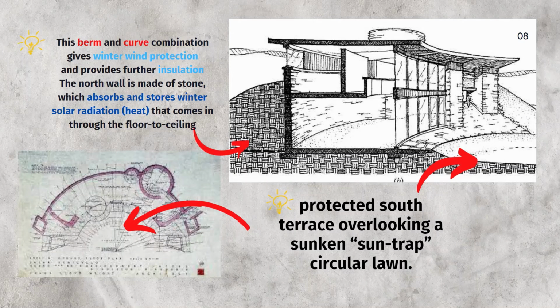Also the front side of the building is overlooking a sunken, sun-trapped circular lawn, which enables the sun to concentrate on the circular lawn.